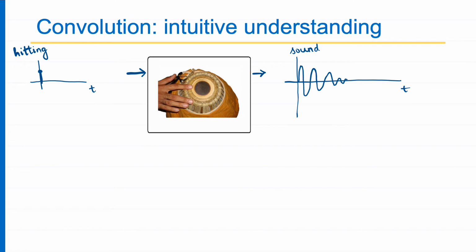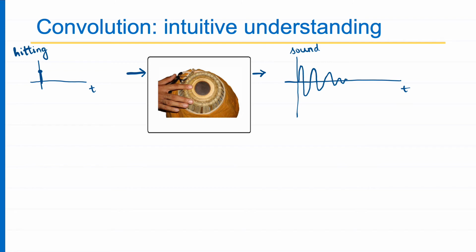A sound waveform has time on the x-axis and, on the y-axis, the vibration of the center point of the diaphragm. So this is a system which has some input and some output. The input is x and the output is y, and the intrinsic response of the system is h.